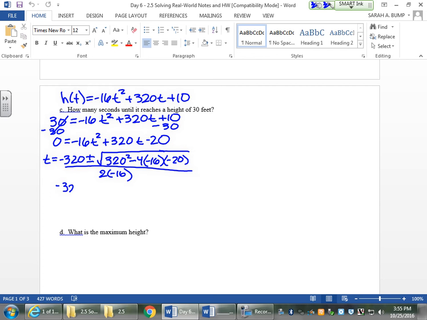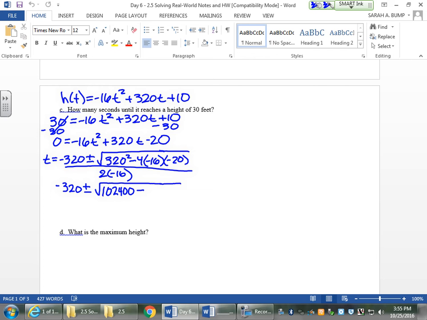This will become negative 320 plus or minus the square root. I squared 320 earlier. I'm not 100% sure I remember. I think it's 102,400. Yep, 102,400. Then I have negative 4 times negative 16 times negative 20. That's 3 negatives. An odd amount of negatives stays negative.